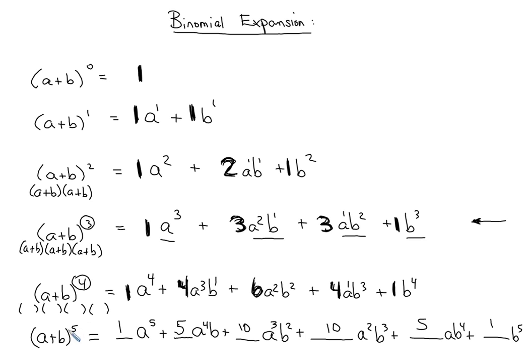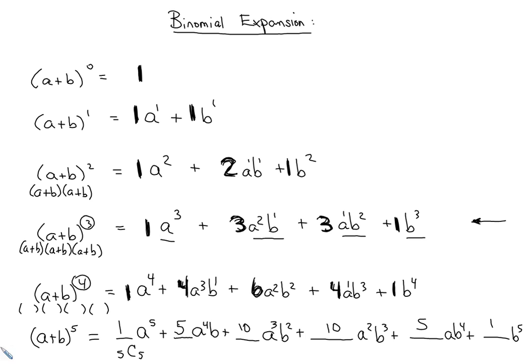How many powers do we have to work with all together on this last problem? 5. So this is going to be 5 choose, and then we're going to decide how many of them we want to be A's. How many of those 5 powers did we glue onto our A? 5. So we're going to do 5 choose 5.